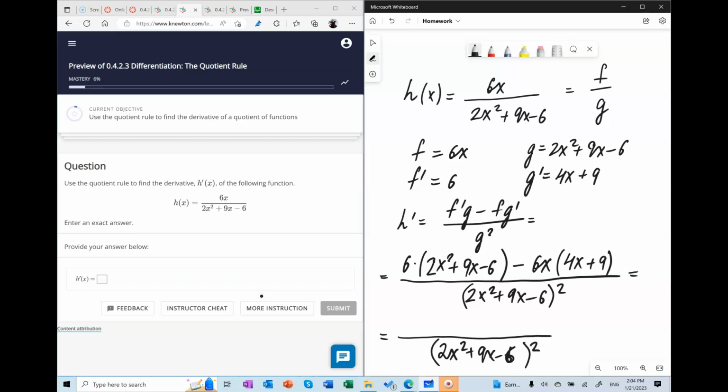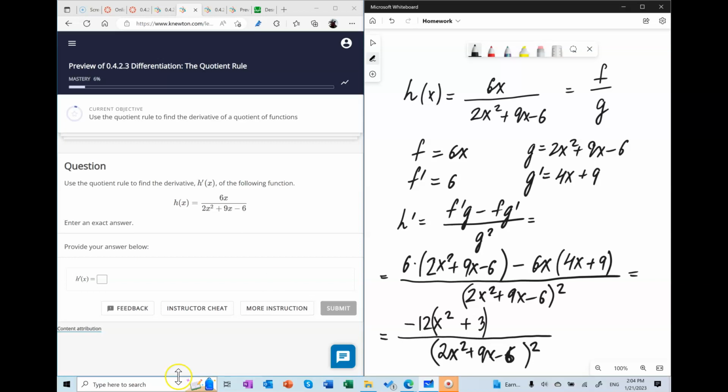And here we have 12x squared minus 24x squared, so we have negative 12x squared. We have plus 54x minus 54x, that's gone, and we have minus 36. So here we can take out negative 12, and we end up with something that looks quite nice.